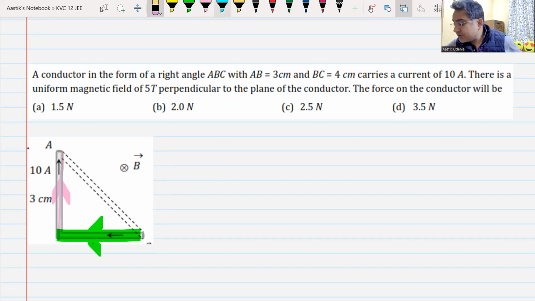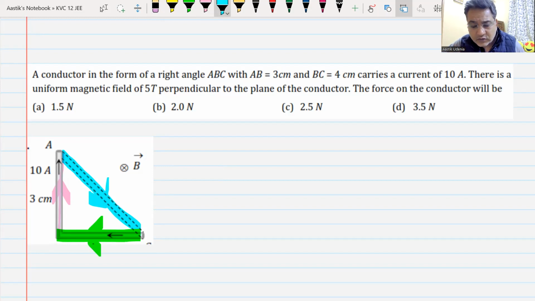Well, because you have forgotten things. If you close this right angle triangle by this blue wire, it becomes a closed loop of wire in a uniform magnetic field.